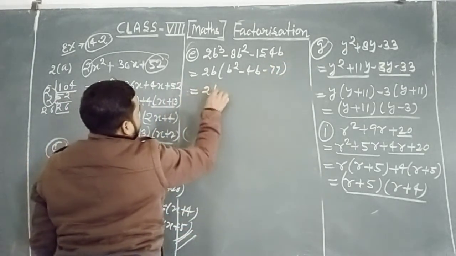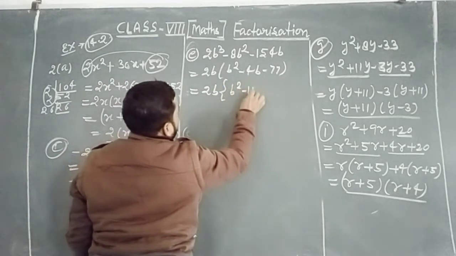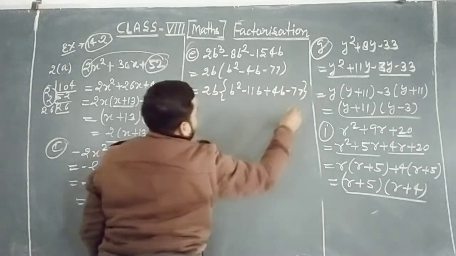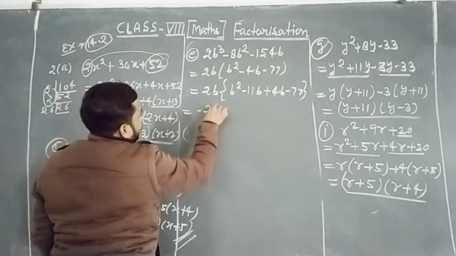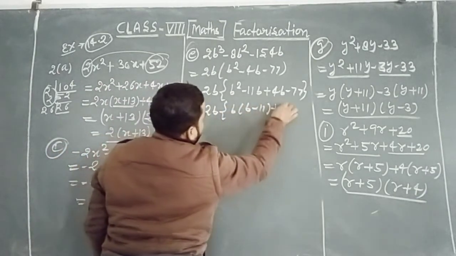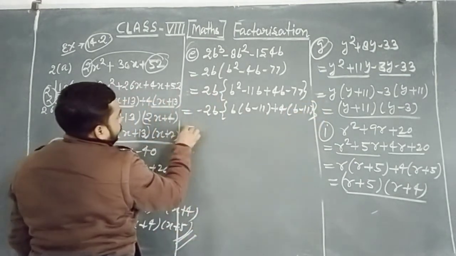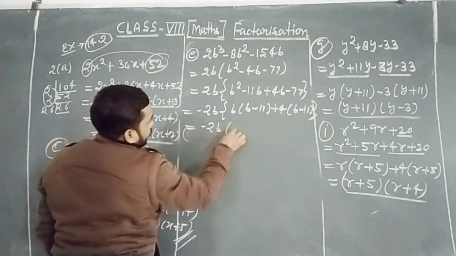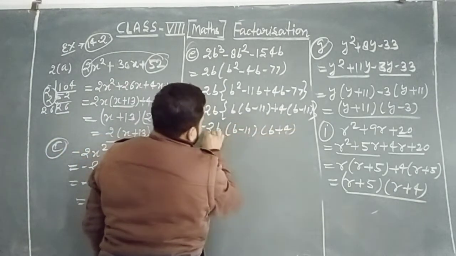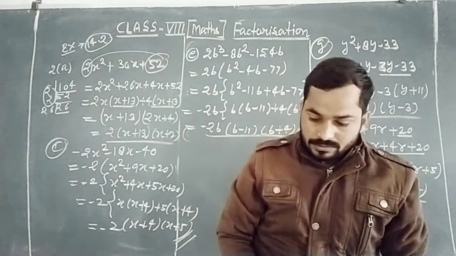Factors of 77: so b square minus 11b plus 7b minus 77. Then b is common, b minus 11, and 7 is common, b minus 11. So factors are 2b bracket b minus 11 and b plus 7. These are the factors of 2b cube minus 8b square minus 154b.